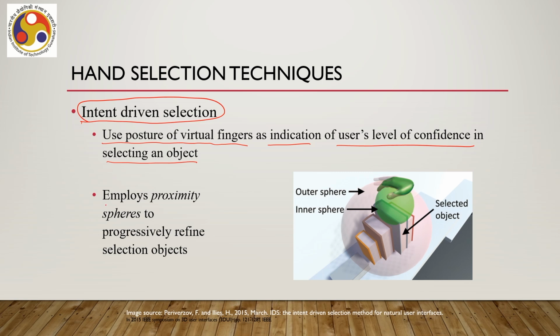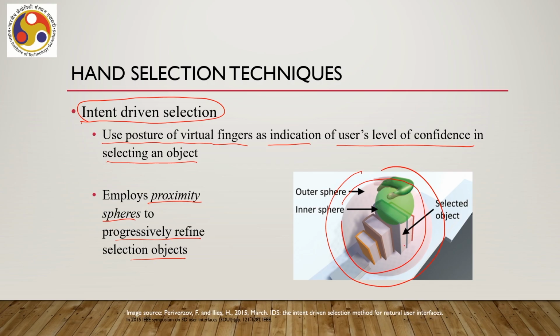Now, typically such techniques employ proximity spheres to progressively refine the selection of the object. For example, here as you can see, when we put our fingers around this zone, this entire zone, a bigger sphere is there.